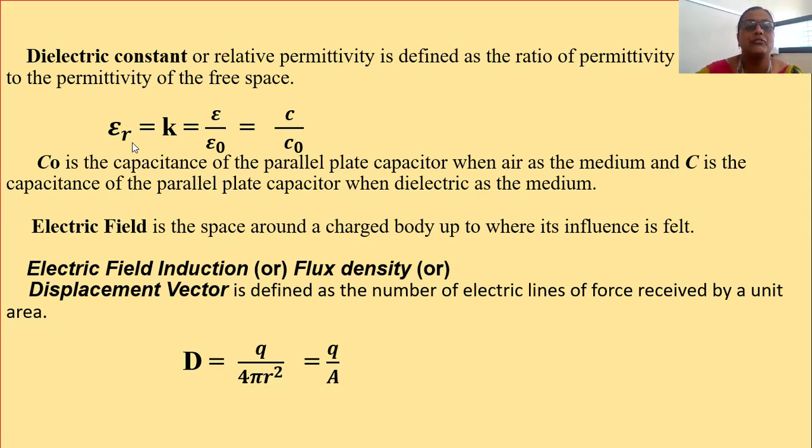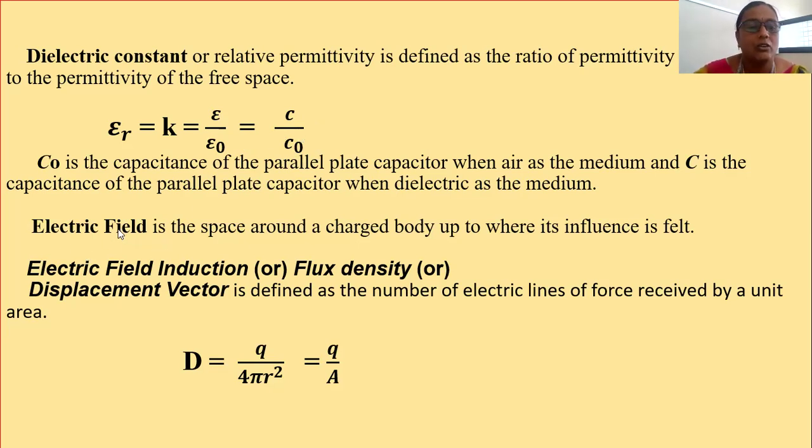So epsilon r, which is known as your relative permittivity, is also known as dielectric constant. It is the ratio between epsilon and epsilon naught, which is also defined as C by C naught. C is the capacitance when a dielectric medium is placed between the parallel plate capacitor, and C naught is the capacitance of the parallel plate capacitor when the air medium is present.